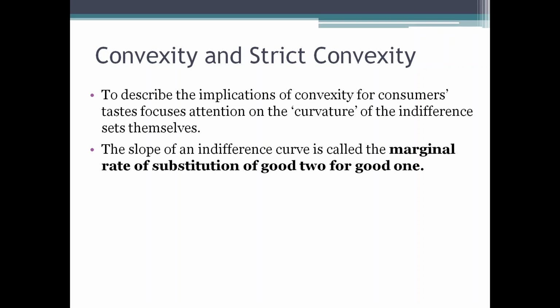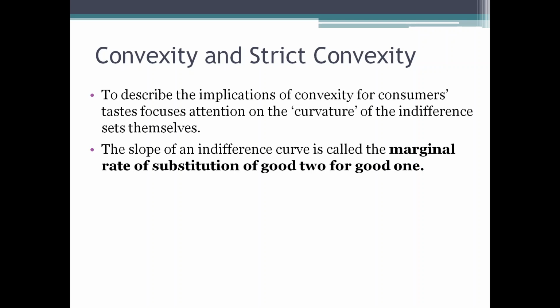The slope of an indifference curve is simply the marginal rate of substitution of good 2 for good 1. Why the marginal rate of substitution? This is just the substitution between two commodities. Why of good 2 for good 1? Because the slope is delta y over delta x, and on the y-axis we put commodity 2, and on the x-axis we put commodity 1.